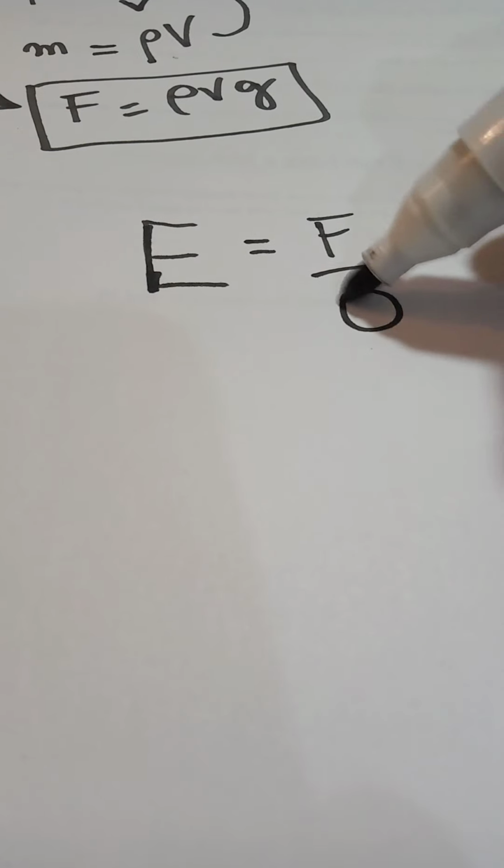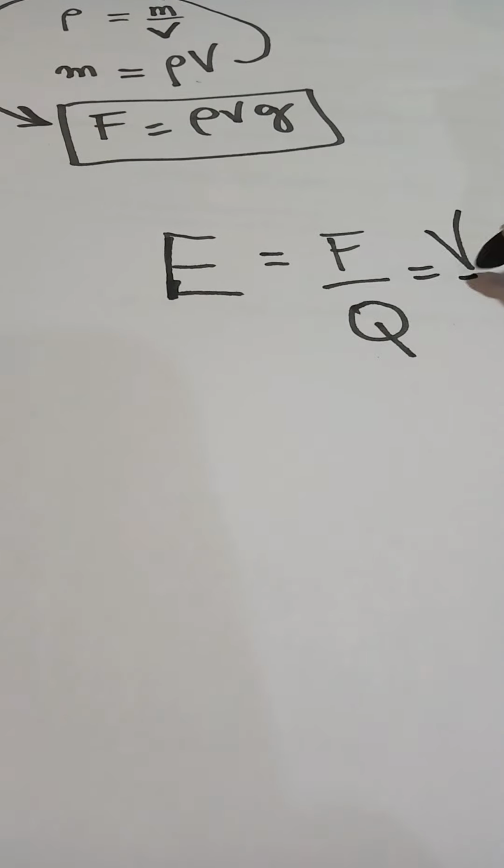Okay, so the second formula I want you to think about is the electric field, which is often denoted by vector notation. So it's Fe over Q, or volts per meter, right?